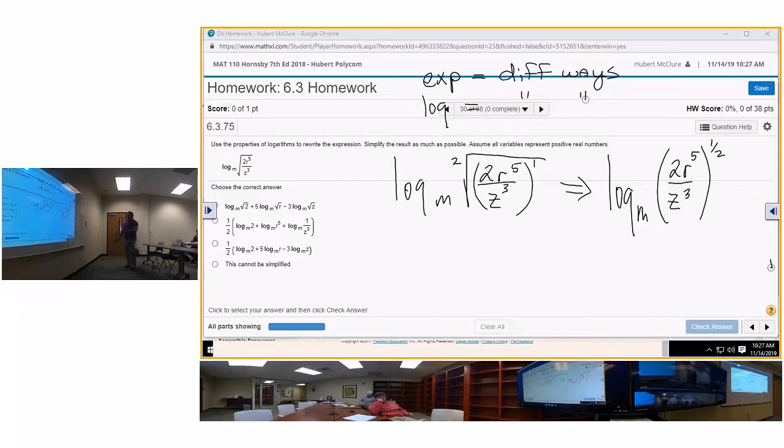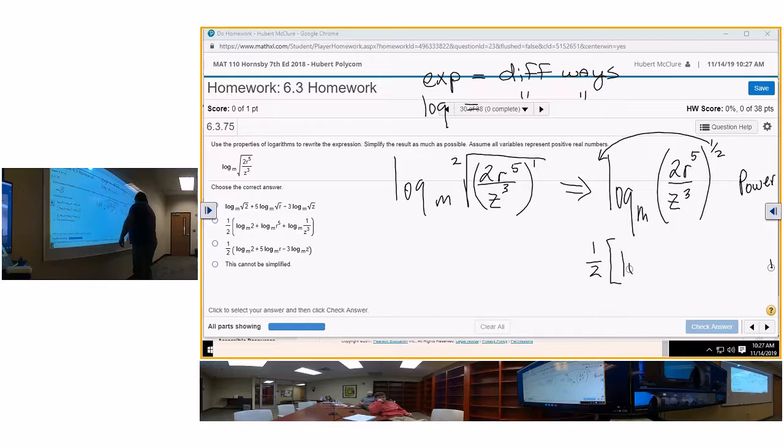So I'm going to bring the 1/2 out front using the power rule, giving 1/2 brackets log base m of 2r to the fifth over z to the third.